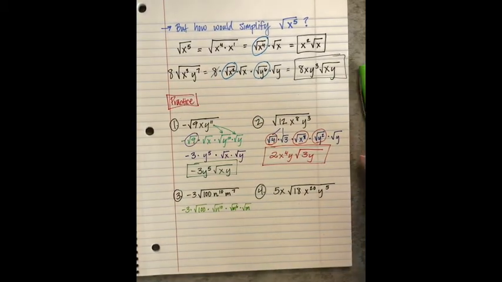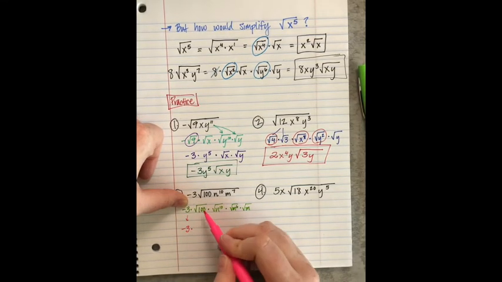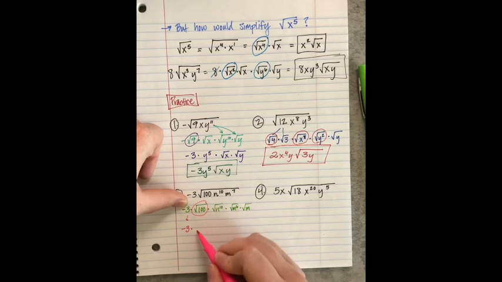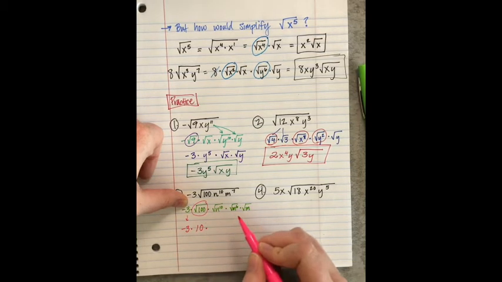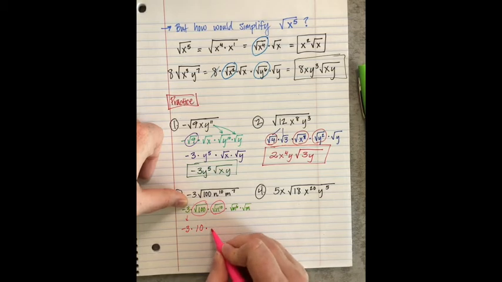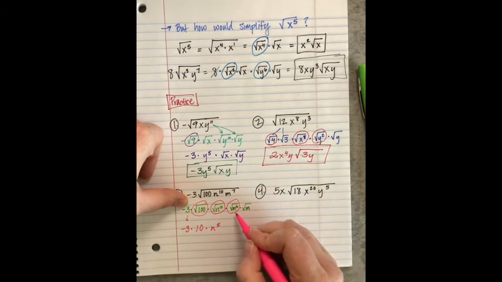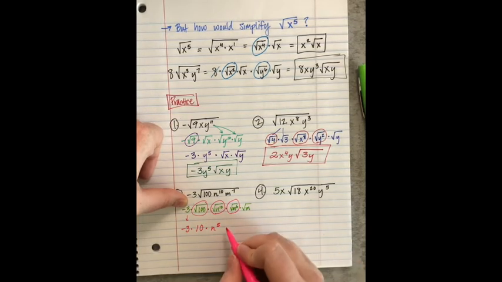All right, next I'm gonna look through, see what my perfect squares are. So this negative 3, I'm just gonna drop it down. Square root of 100 is 10. Square root of n to the 10th power is n to the 5th power. Square root of m to the 6th is m to the 3rd.